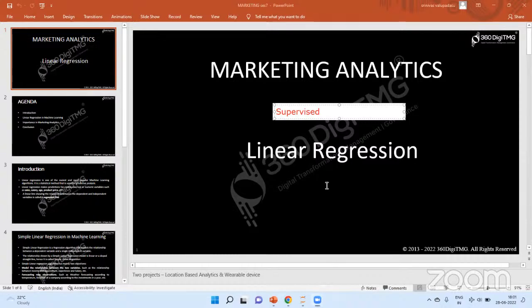One comes under classification models, and the next one is regression. Yesterday we discussed decision tree, which comes under classification models. Today let us discuss what is regression in machine learning.